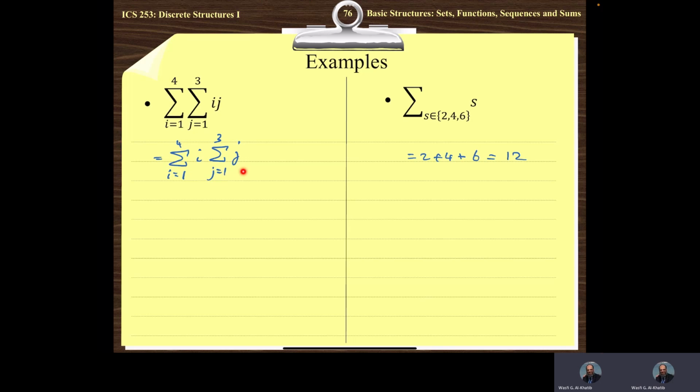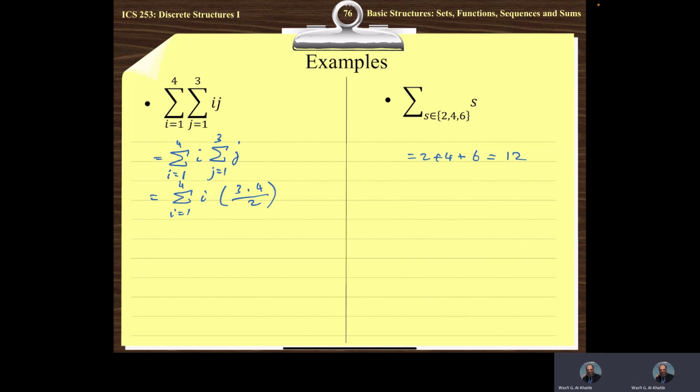Okay. So using the formulas, what is sigma j from j equal 1 to 3? Which is 3 times 4 over 2, right? So this is equal to sigma i from i equal 1 to 4 multiplied by 3 times 4 divided by 2. What is this equal to?